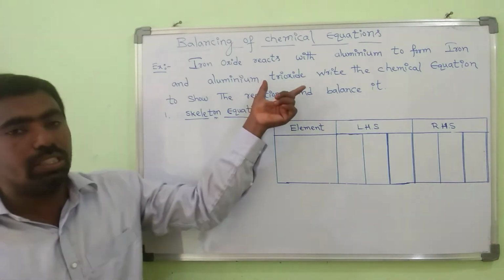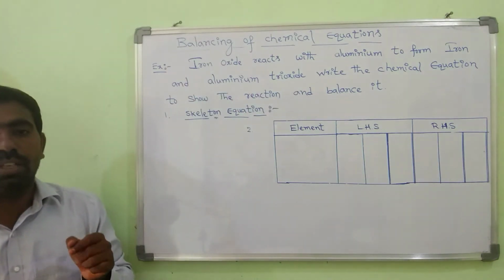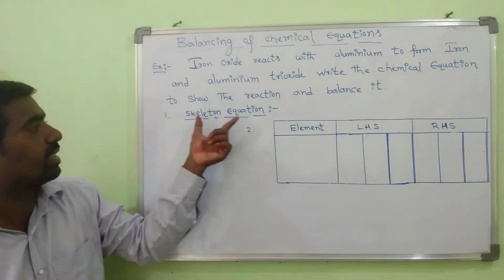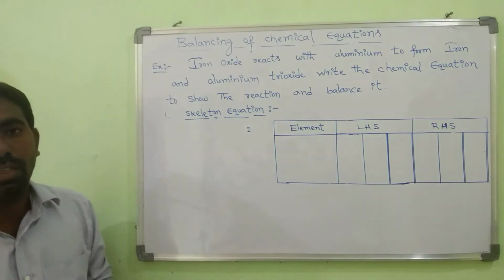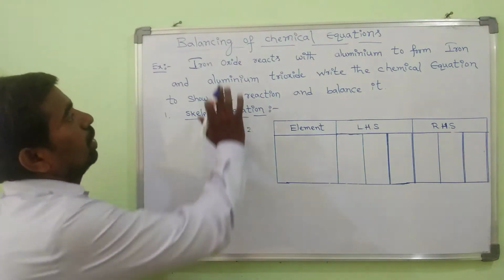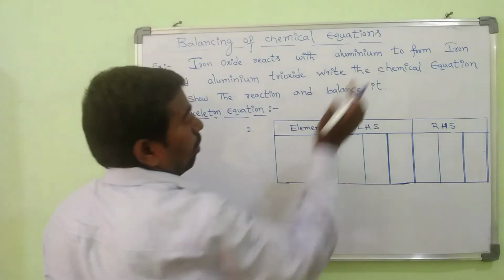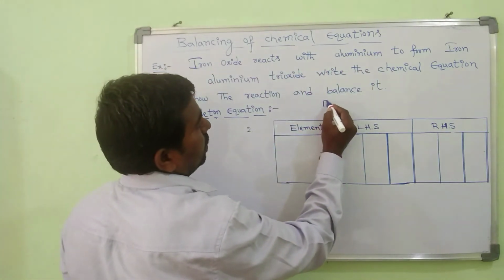So for balancing this chemical equation, in the first step I am writing the skeleton equation. Observe here, iron oxide and aluminium both are the reactants.